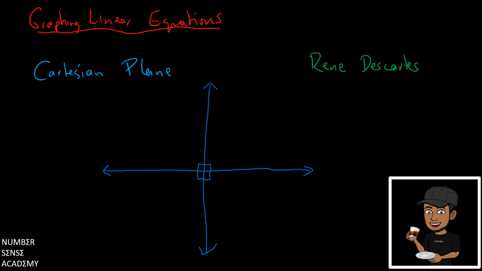The axis that's running vertically is labeled as the y-axis. And the axis that runs left to right is the x-axis. And where they intersect, right in here, this is called the origin.